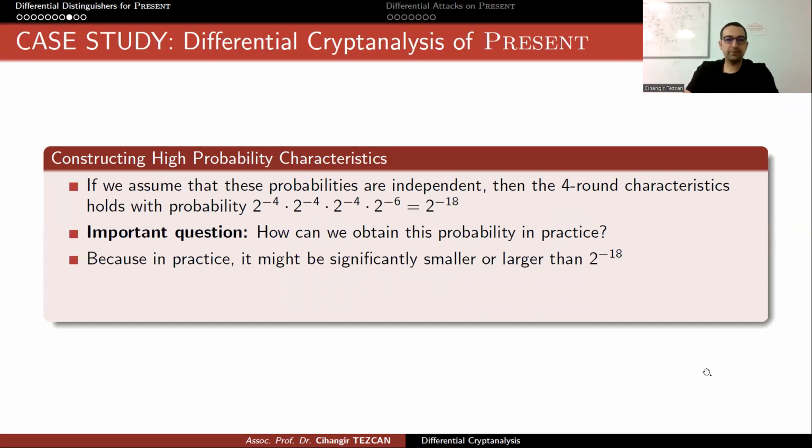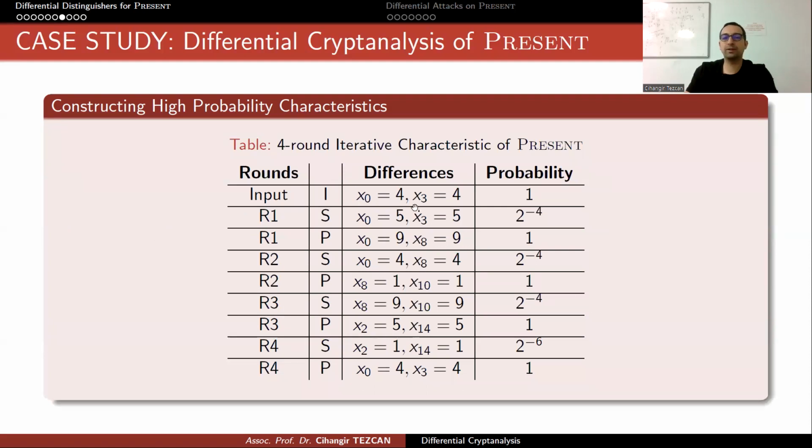This question is important because in practice, it might be significantly smaller or larger than 2 to the minus 18. Most probably it will be higher. Because you observe that there is a path like this, and assume that all of your assumptions are correct, this path is followed with probability 2 to the minus 18.